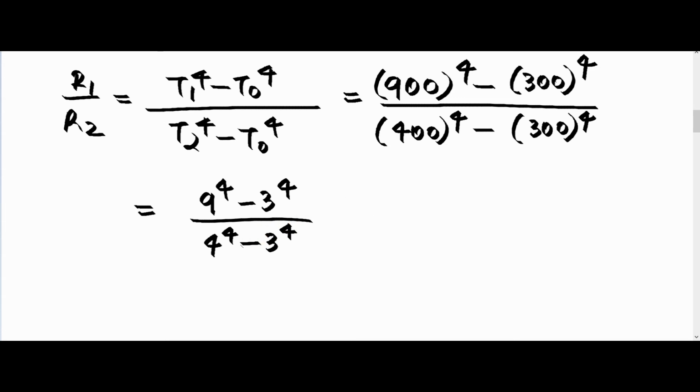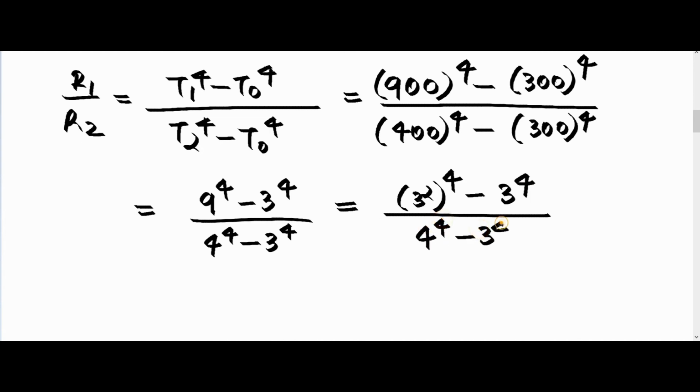So we can directly write down the powers. If you know how to find out the powers, then we can directly write down the value. But if you want to simplify these particular terms more, then in the numerator you can make the bases common and then you can add the powers. So let us see. 9 can be written as 3 squared, raised to 4, minus 3 raised to 4 upon 4 raised to 4 minus 3 raised to 4.